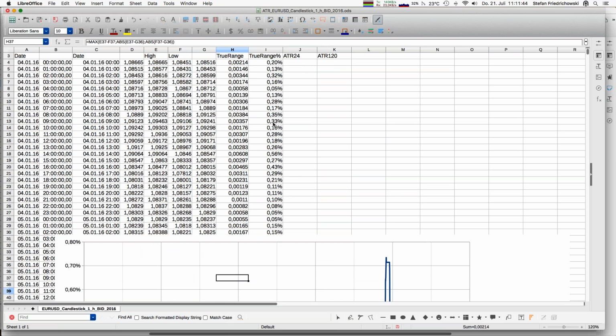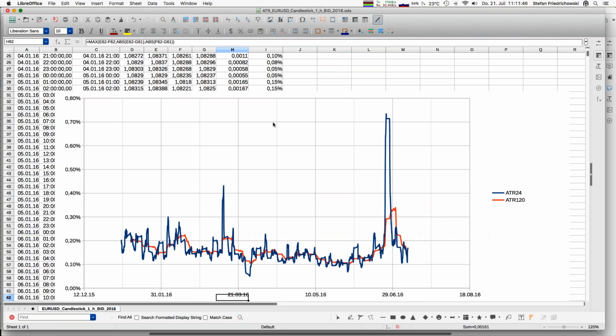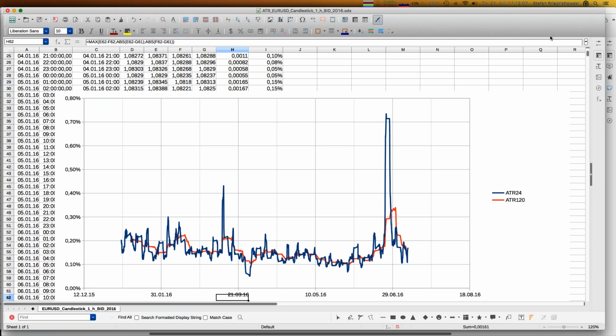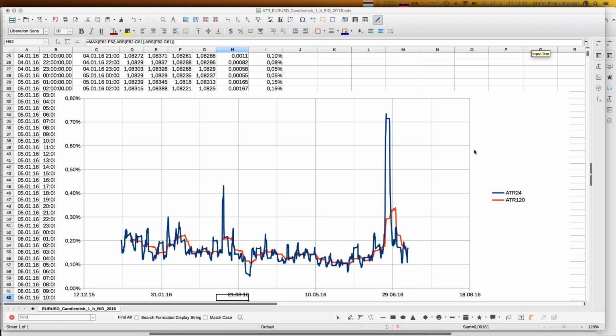I have here the data H1 based, so hourly based, from euro US dollar for 2016, and within the graph you have the date and the percentage ATR, with the two ATRs, one the ATR 24 and the other one ATR 120.